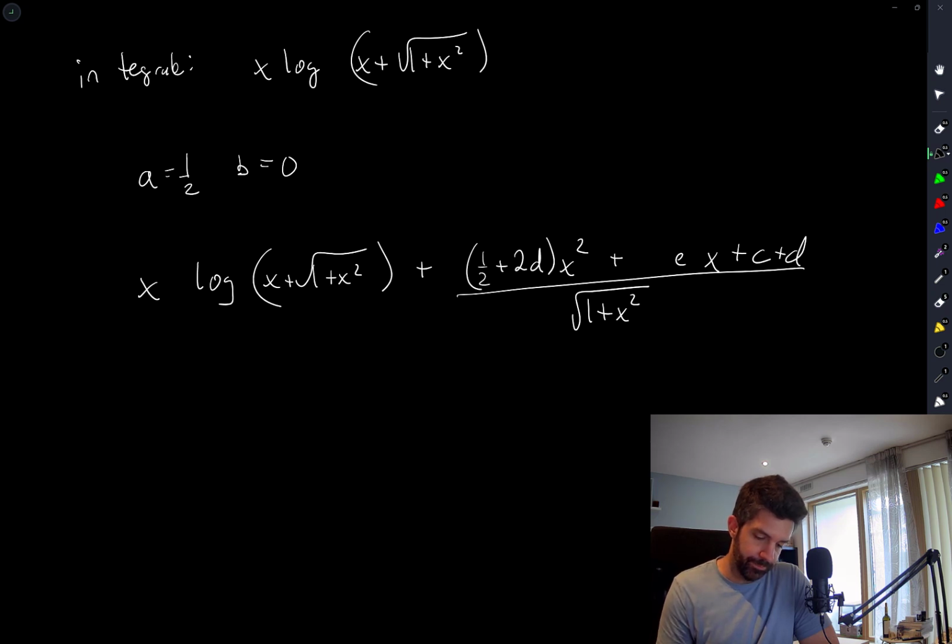So now I need D to be equal to -1/4. I need E to be equal to 0. And I need C to be equal to 1/4.